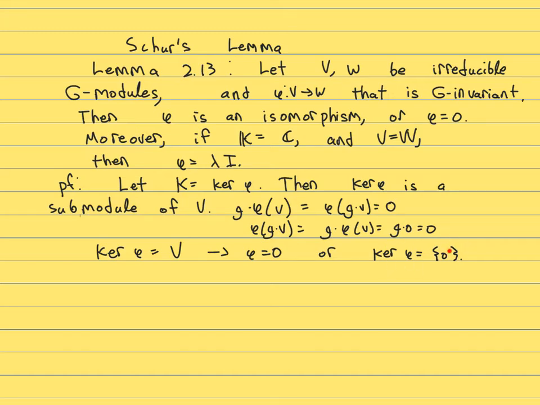So let's work with this assumption. So we're going to suppose the kernel is trivial and phi is injective. Now look at the image. The image is also a subspace, a submodule.